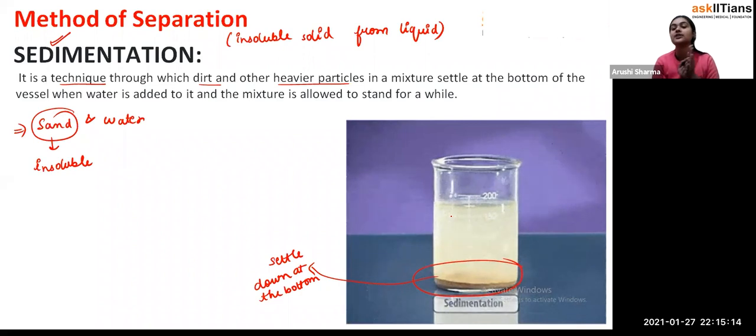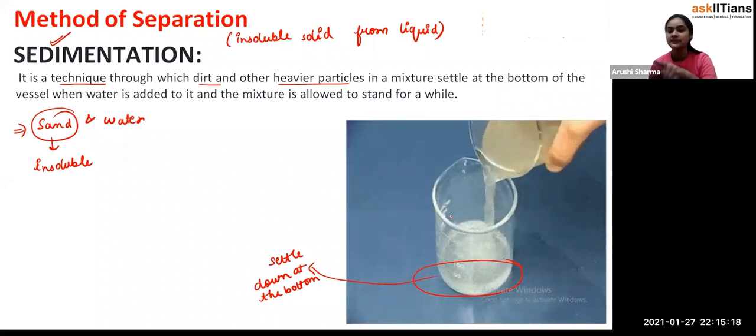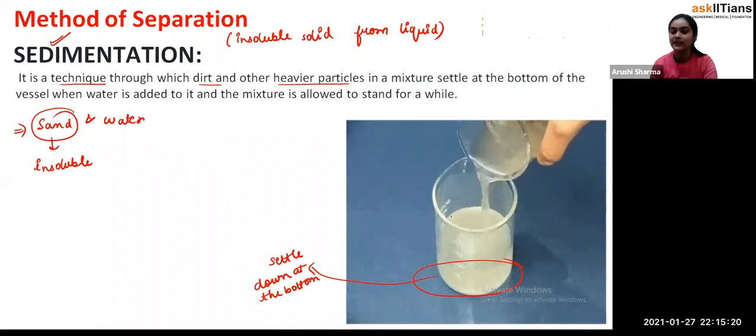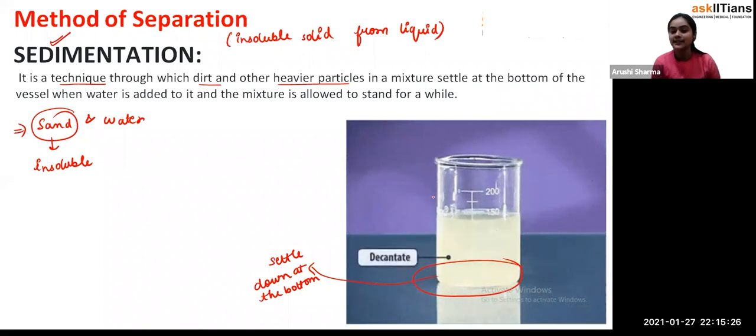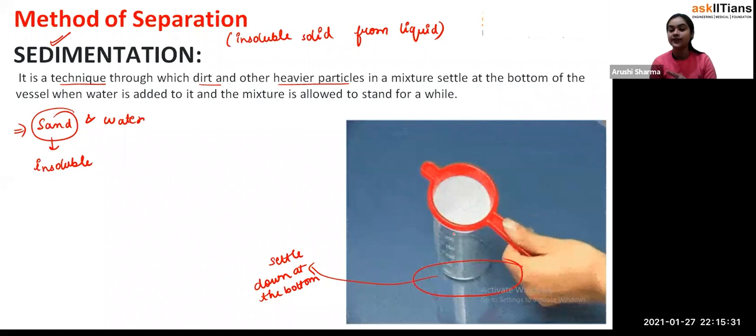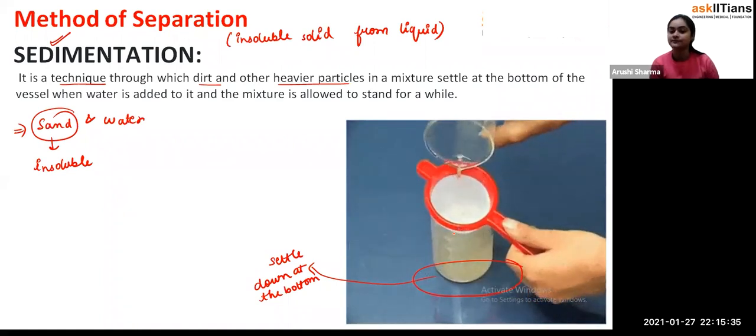See here, this person is transferring this liquid into another beaker; the sand has not been transferred. Sand is in the first beaker only. This is the liquid only, and this is called the decantate, and the transferring of the decantate into another beaker is called decantation.